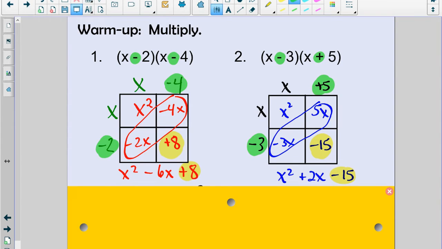So those signs in the binomial factors are actually going to help us determine the sign of that last number in the final box. In other words, that constant term in our answer can be determined just by looking at those signs. Now, there is also another way to look at how to tell if this first sign is going to be positive or negative, but we'll come to that later.